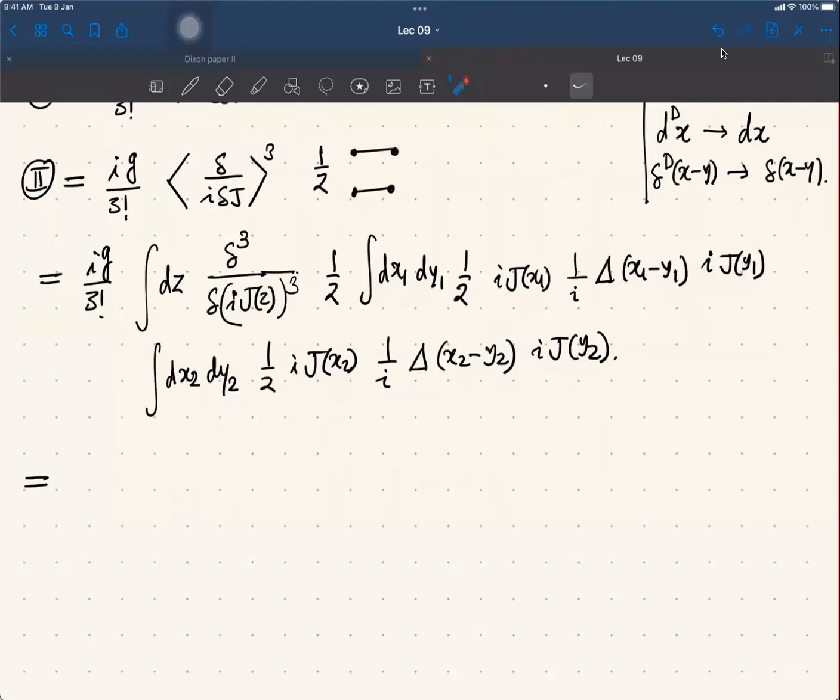So x1, x2, x3, or x1, y1, x2, y2, all of them are integrated over. Three of them will be converted into z, and the other will remain, accompanied with the corresponding integration.